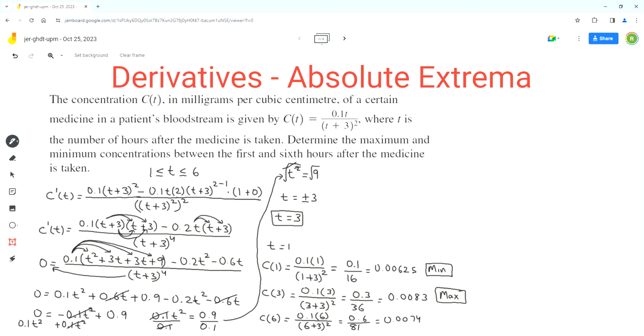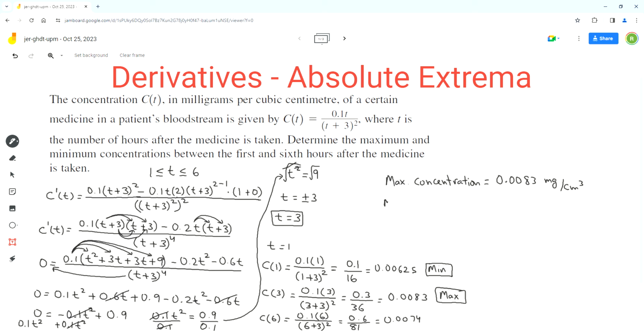So now we can conclude our answer. So the maximum concentration, and we can also write the appropriate units. So the maximum concentration is equal to 0.0083, and the given unit of concentration is milligram per centimeter cube.